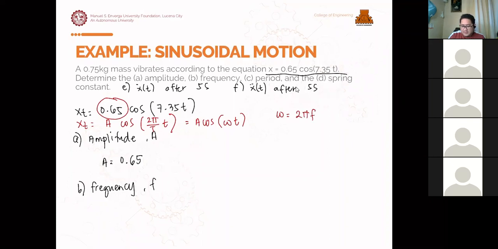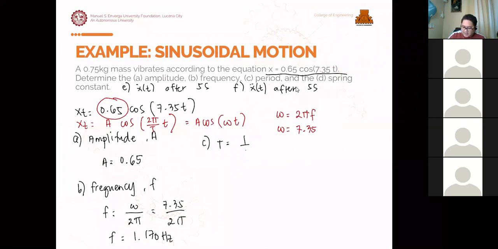No? Na doon sa given natin, ang omega natin is equals sa 7.35. So, pwede natin makuha yung value ng frequency. So, frequency is equals to omega over 2 pi equals 7.35 over 2 pi. So frequency natin is equals to 1.17 hertz.